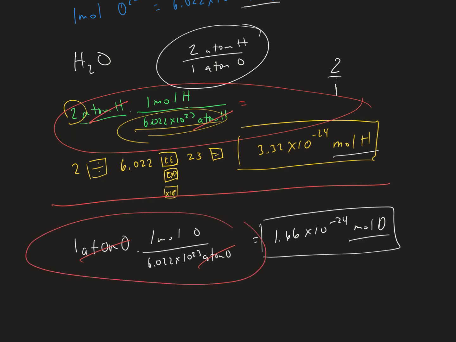Well, it cancels. Oh, not the whole thing, sorry, just that number, right? It's still 2 to 1. So it's 2 atoms of hydrogen to 1 atom of oxygen. It's also 2 moles of hydrogen to 1 mole of oxygen.